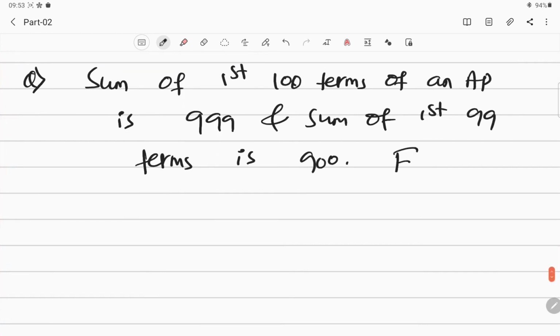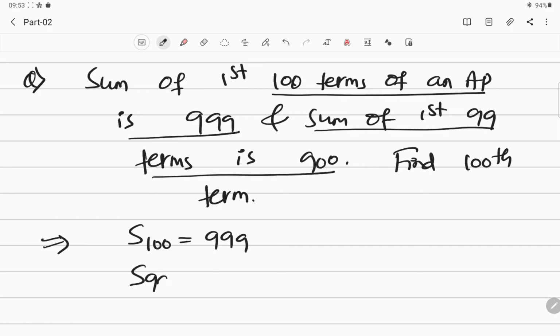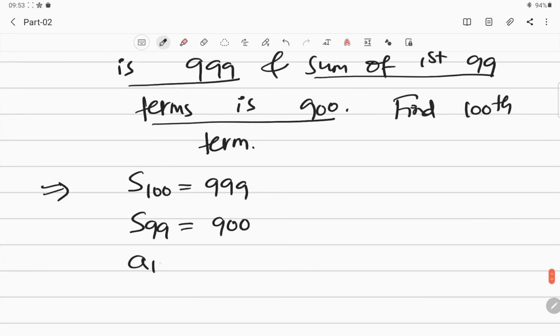All right, find 100th term. Let us try to understand this. Sum of first 100 terms of an AP is 999, means S100 is equal to 999. And sum of first 99 terms, that is S99, is equal to 900. Now they are asking 100th term. 100th term means a100 equal to question mark.